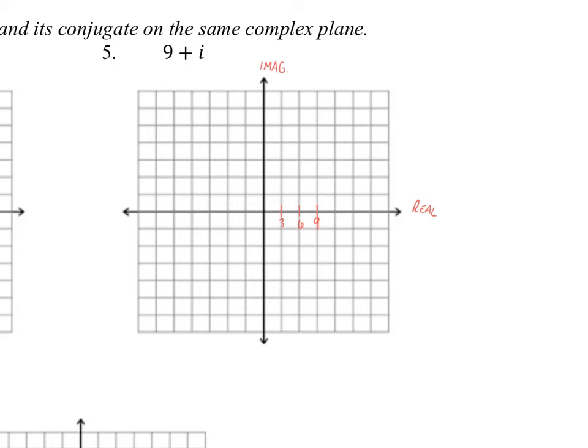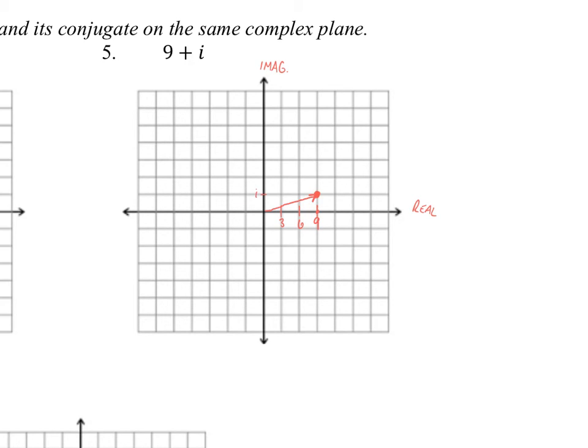All right. And on the imaginary number line, we can just count by 1s, so we don't have to do anything there. So we would go over to 9 and up to 1i, and that point would be right here. 9 plus i. Make sure we draw our vector, and that is the complex number we're given.